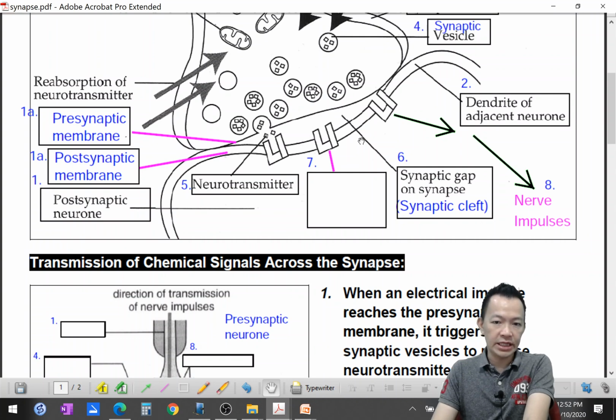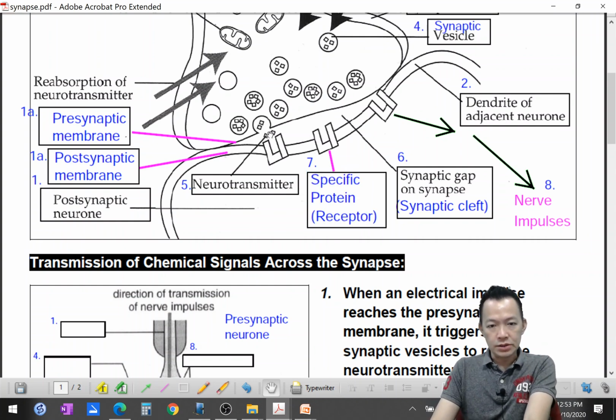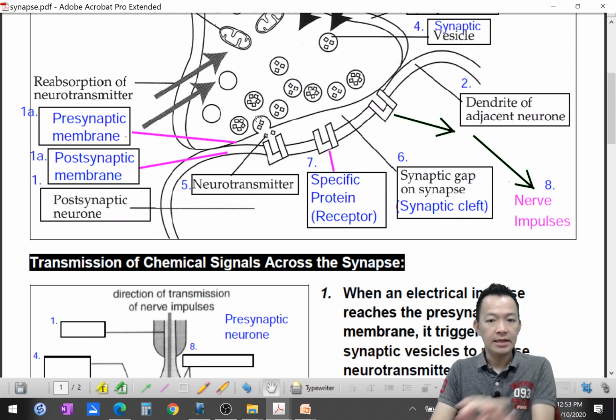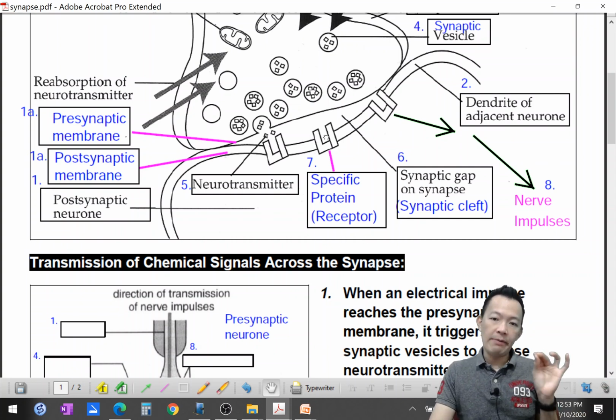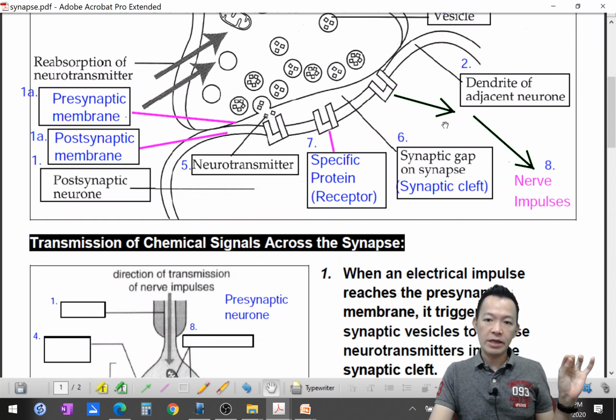After it passes through, it binds together with a specific receptor. 它就会跟那个 dendrite 那边的 specific receptor bind 在一起。So the neurotransmitter binds with a specific protein or specific receptor.